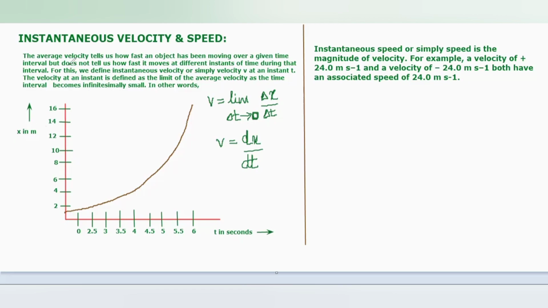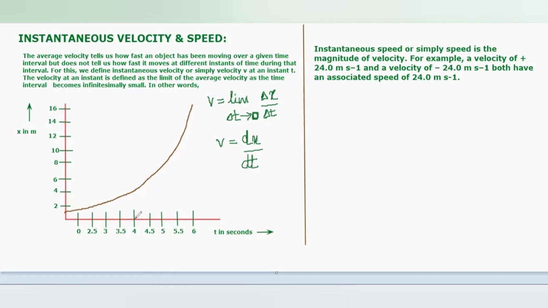Since we are discussing velocity, we consider it as the position, in meters. So this curve denotes the change in position x with respect to time. This is the curve in the x-t graph.